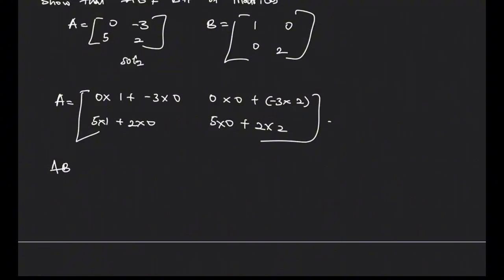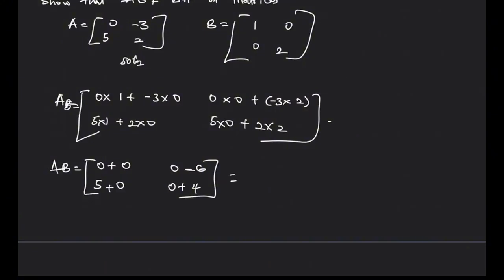So let's add it up together. So AB, rather this is supposed to be AB. AB equals 0 times 1 is 0, minus 3 times 0 is 0. So 0 times 0 also is 0. Minus 3 times 2 is minus 6, so that is going to give us minus 6. And 5 times 1 is 5. 2 times 0 is 0. 5 times 0 is 0. 2 times 2 is 4.